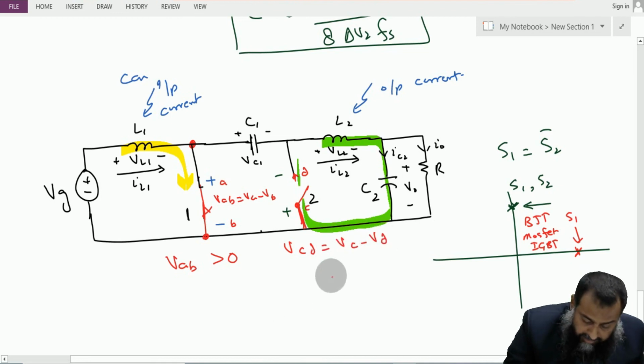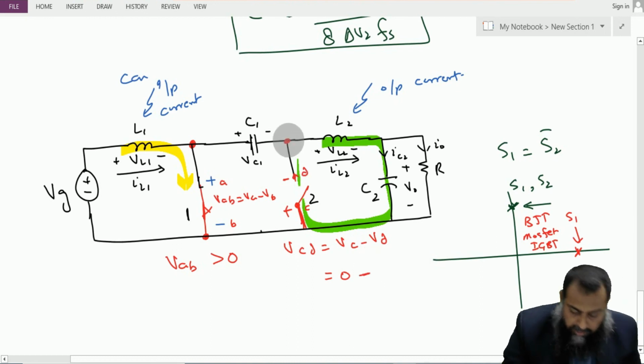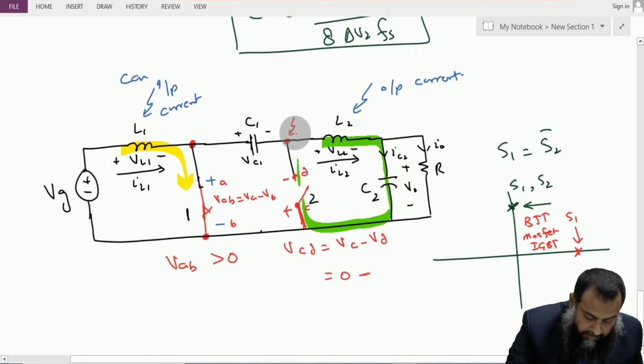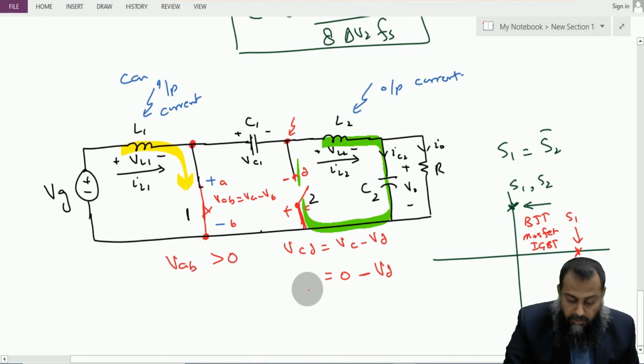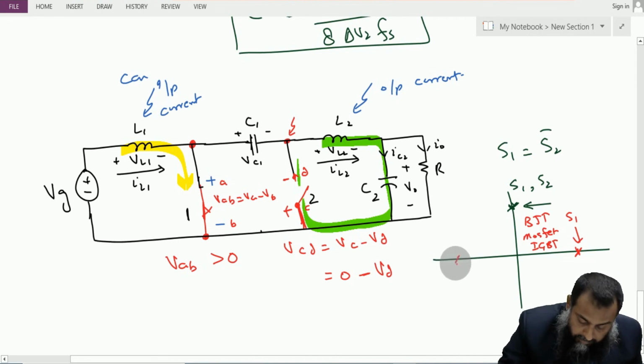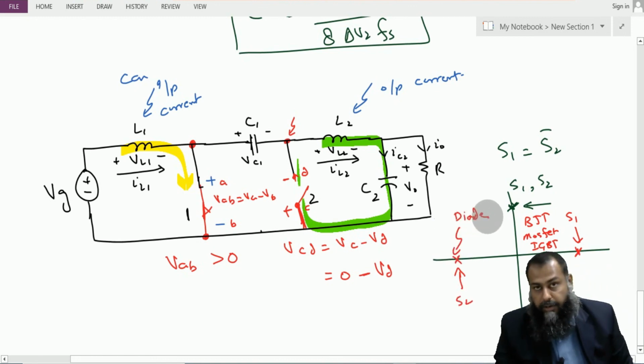Now this VC is 0. However, with the negative sign, we have a terminal voltage here and a positive voltage there, so it always has to block the net negative voltage across itself, and therefore this switch S2 should be a diode. It should be a diode.